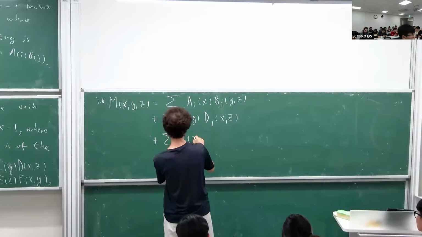Well, that's easy. We can just write it as a(x) b(y, z), where a(x) is going to be 1 if the x coordinate is what it's supposed to be, and 0 if it is not, and b(y, z) is c if (y, z) is equal to (j, k) and 0 otherwise.